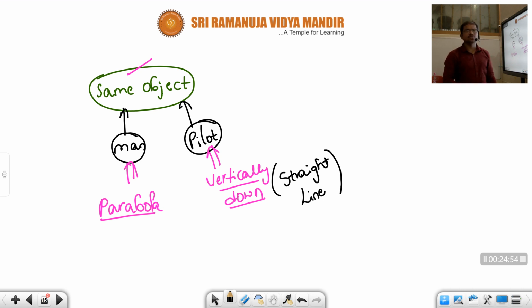So that is the reason we say the path is relative. That is not absolute. If you see a body moving in front of you, you will identify some path for that body, whether it is a straight line, a circle, a curved path, a random path, whatever. Maybe for you it is appearing like that, but for some other person it may appear as a straight line. Understood, na children?